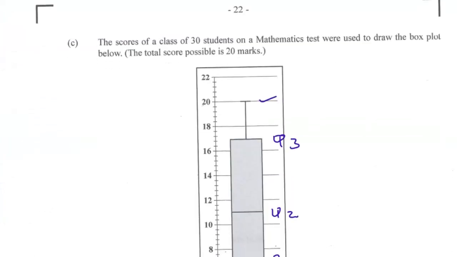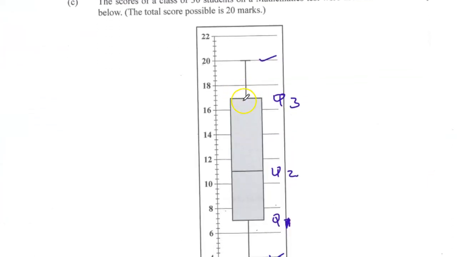The upper quartile, that's this value. Let's see what this is. This is 16.4, 16.8. This looks like 17. I would say the upper quartile is 17.